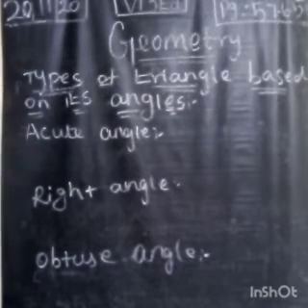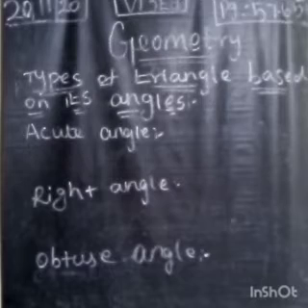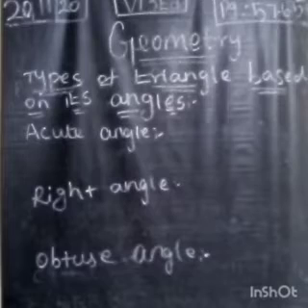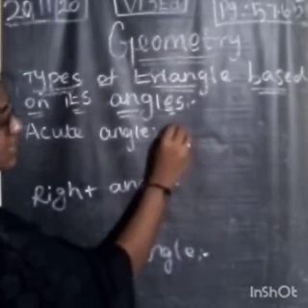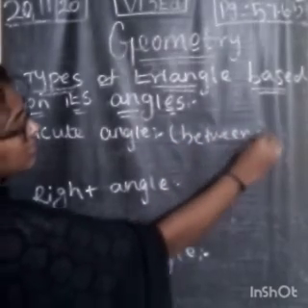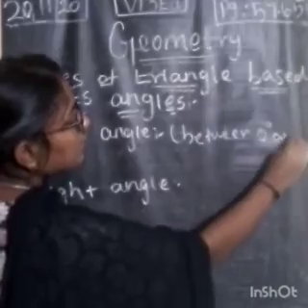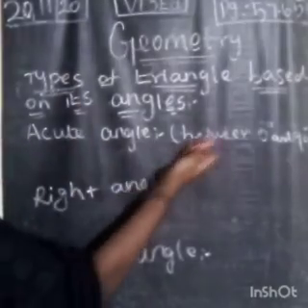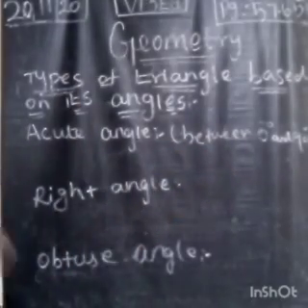What is the acute angle? If the three angles of the triangle are acute, they are between 0 degree and 90 degree.